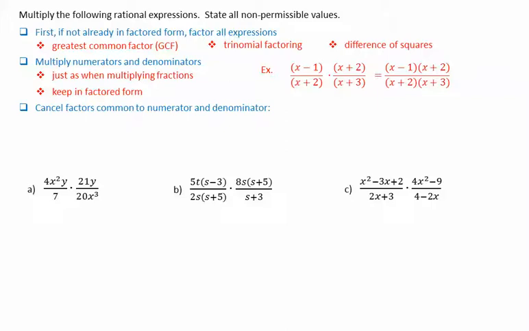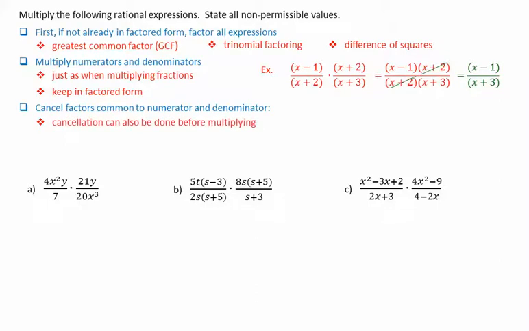This is the same thing we did previously with simplifying rational expressions. In this case, we have an x plus 2 on the numerator and denominator to cancel out. We then get the result, x minus 1 over x plus 3.